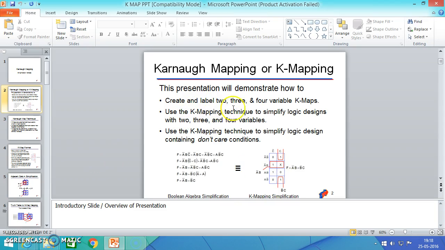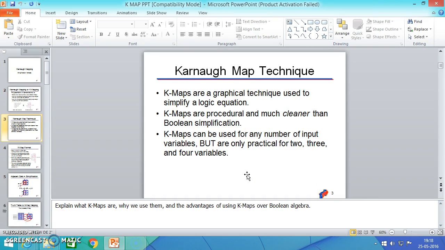Use the following K-mapping techniques to simplify logic designs with 2, 3, and 4 variables. Use the mapping techniques to simplify logic design containing don't care conditions. Here some expressions are given.